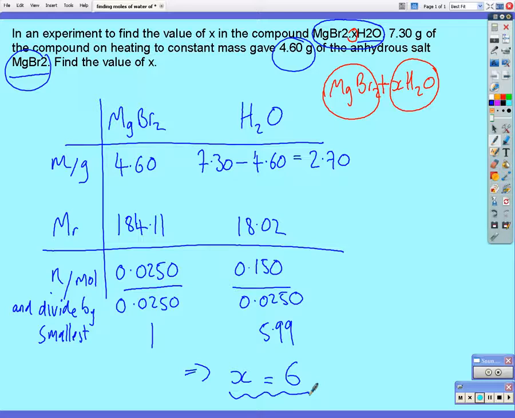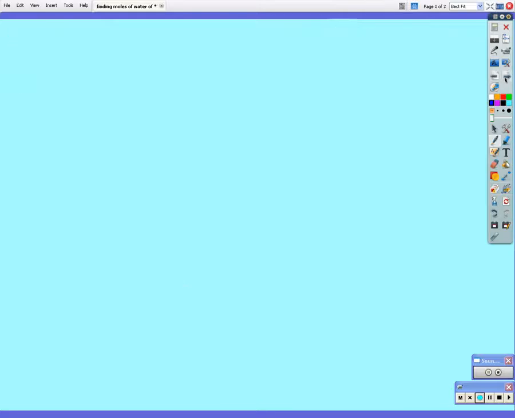Now we can do that question in a slightly different way, and sometimes you might be asked to do it by finding out the relative molecular mass, or the formula mass, of the hydrated salt. Now remember that magnesium bromide .XH2O undergoes this change when heated. So we can write that balanced chemical equation.